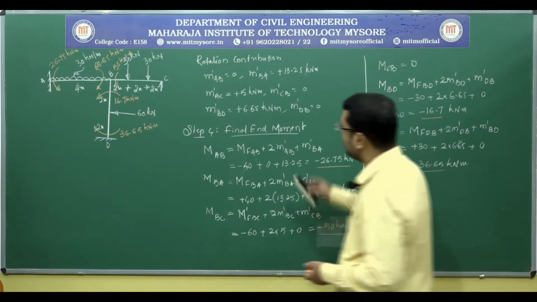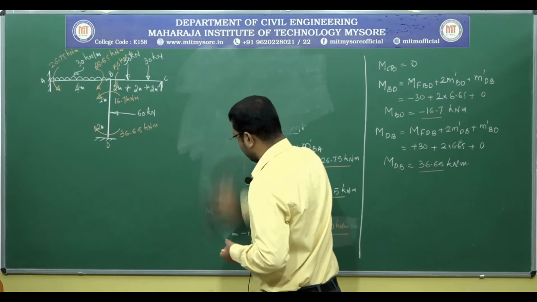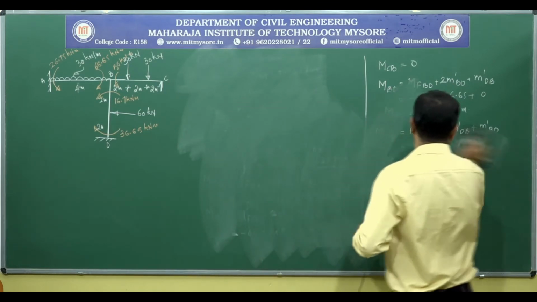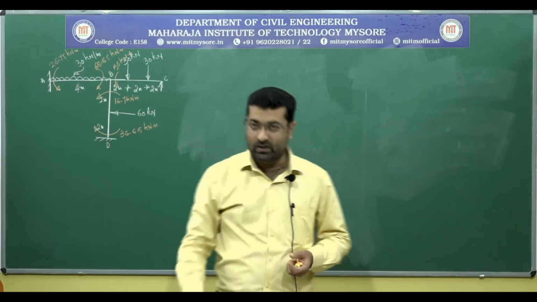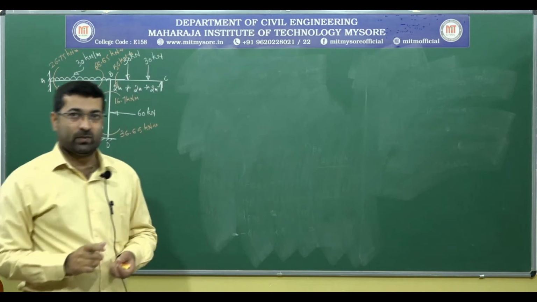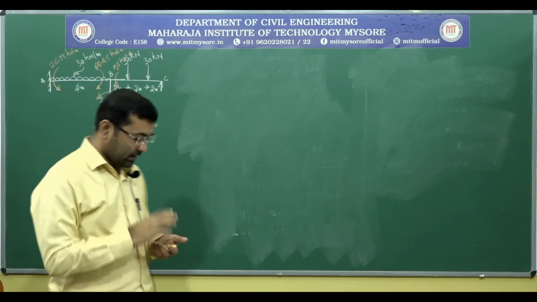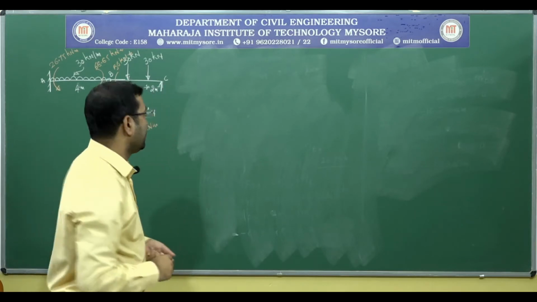Once we do this, our next duty is to calculate the values of the support reactions and the maximum possible bending moments. For that, I will consider each span separately, and on each span let us impose the equilibrium conditions so that we can determine the support reactions.